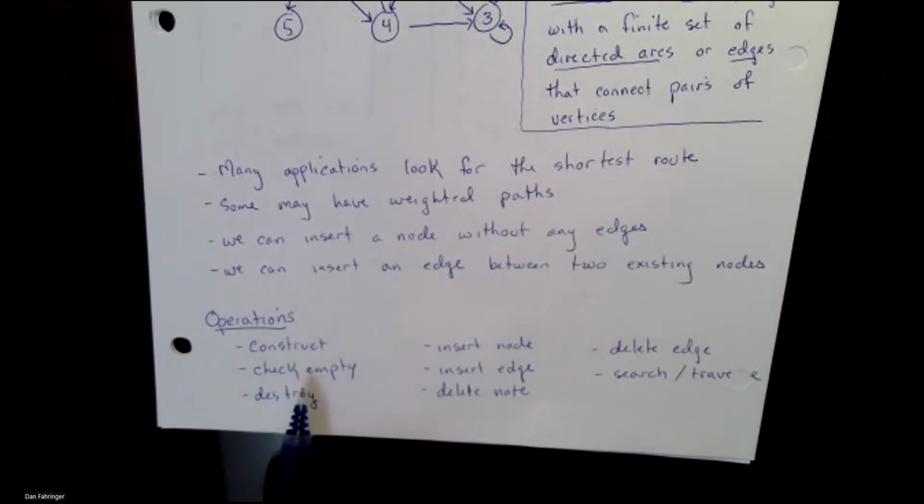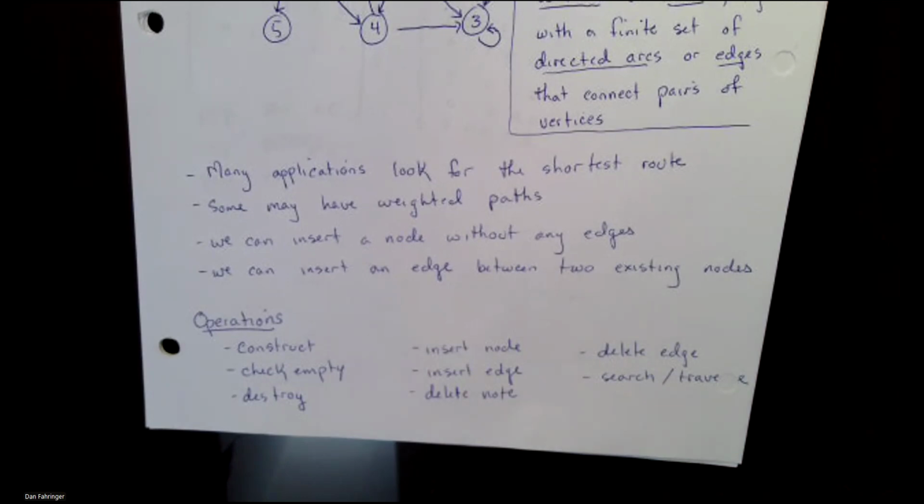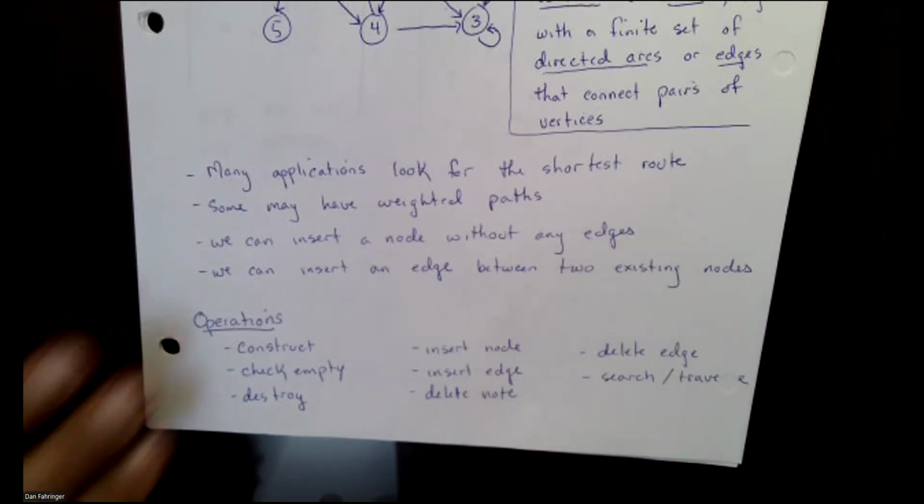Again, construct it. Is the whole thing empty? It'd be interesting to see how you would check that. Can you close down an airport? Get rid of it. Insert a node, insert an edge, delete, search and traverse. And again, the traversing, the shortest route, we're going to take a look at in a little bit.